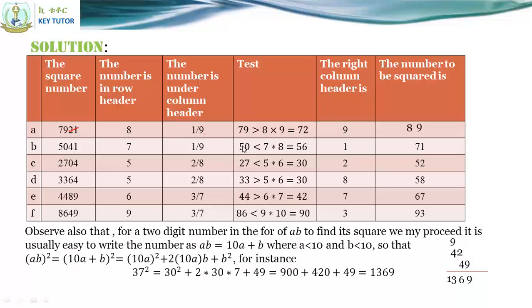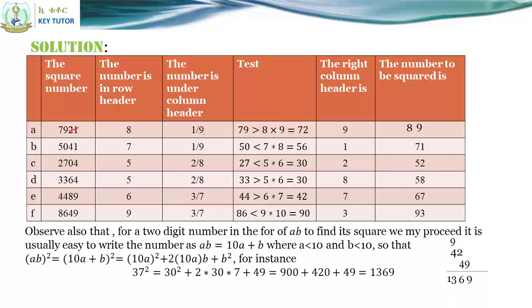So when it is less, it is in the first column; when it is greater, it is in the next column, right? So in the 7th row you put 7, and in the first column you put 1, together it gives you 71, meaning 71 squared gives you 5,041.